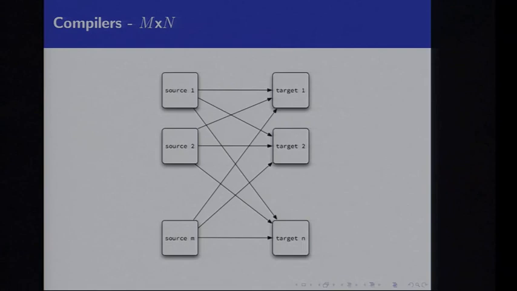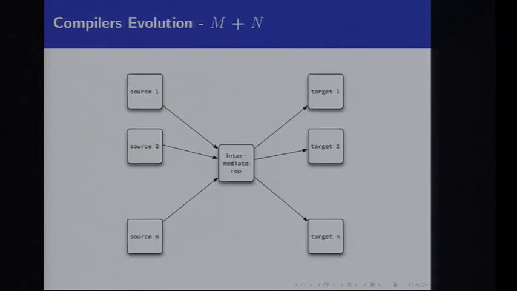And so compilers actually evolved this way. People realized that it would be better to separate out front ends and back ends. So you would have different front ends for the language, and you would have a common intermediate representation. You would take the language and translate to this intermediate representation, apply a bunch of passes on it, optimize the code, and then you would have a different backend for each target.